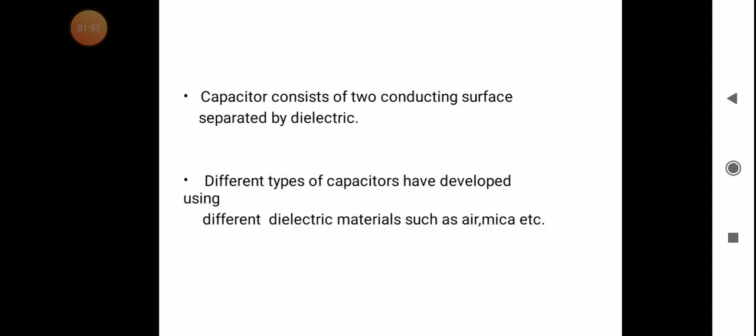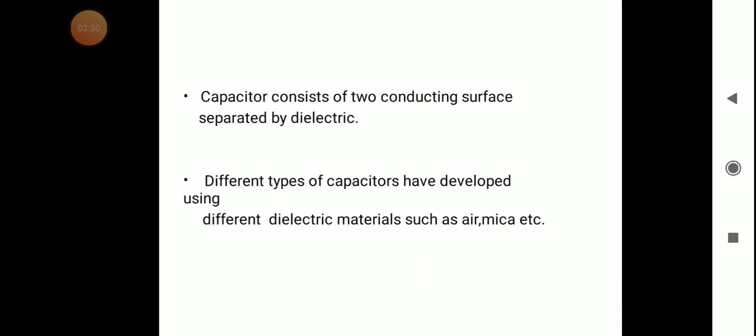A capacitor consists of two conducting surfaces separated by a dielectric. Different types of capacitors have been developed using different dielectric materials such as mica, air, etc. The capacitor has two conducting surfaces, as you know, two plates: plate 1, plate 2.